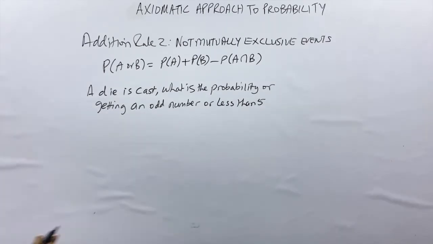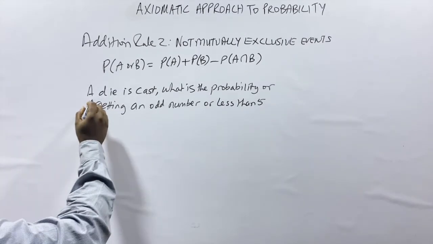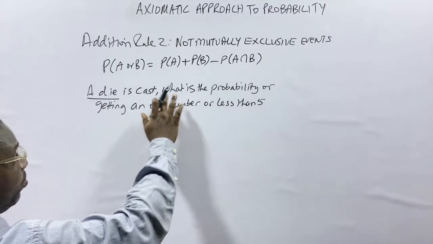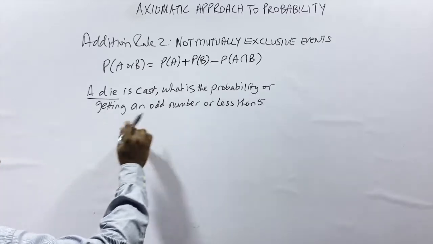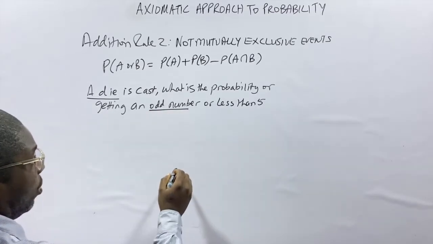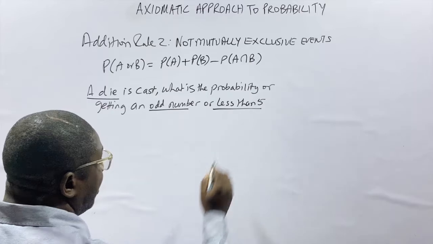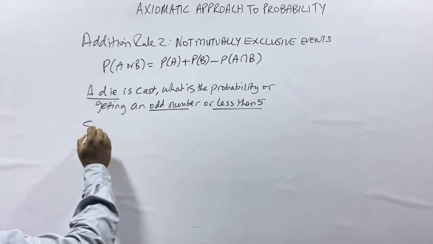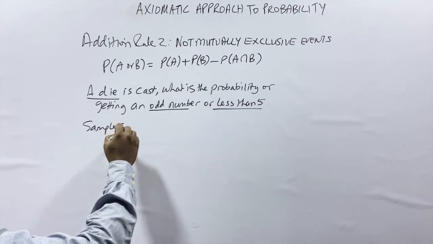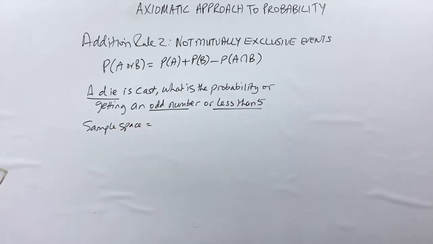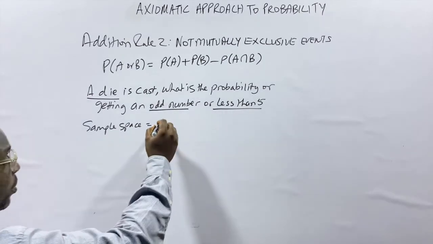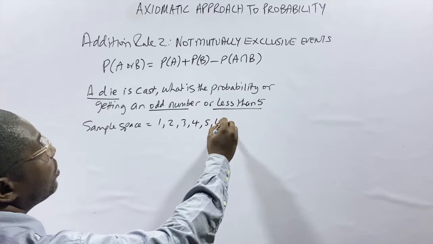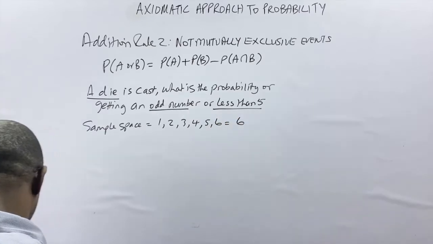So that's what we ask. Remember, it is one die that's cast, and what's the probability of getting an odd number or a number less than 5? First of all, we know that the sample space is 6: 1, 2, 3, 4, 5, or 6. So we have a sample space of 6.